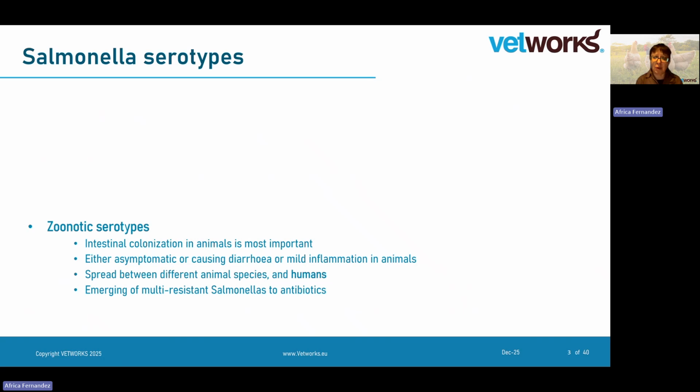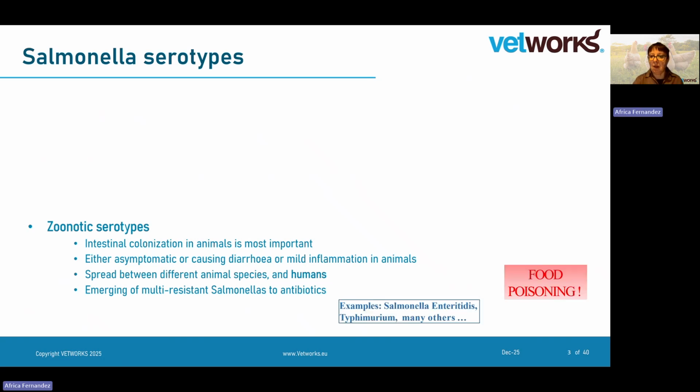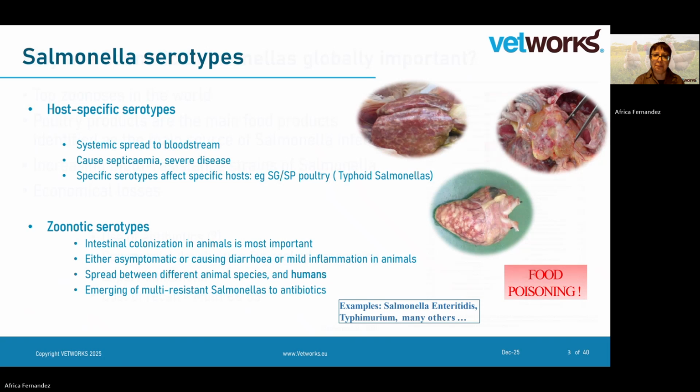But the main problem with these serotypes is that they cause disease in humans. So food poisoning is very relevant in these serotypes of Salmonella.